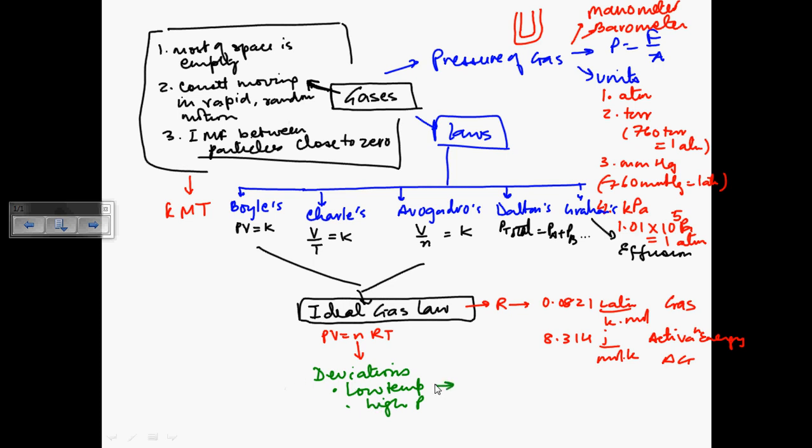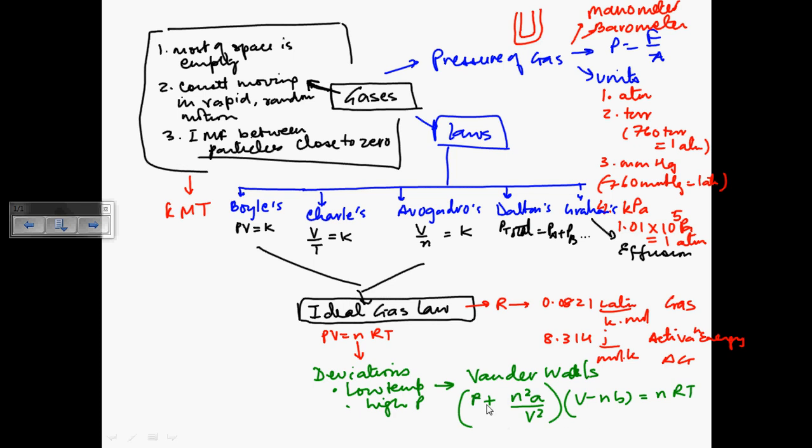And to account for these deviations, the van der Waals equation was used, and it was (P + n²a/V²)(V − nb) = nRT.